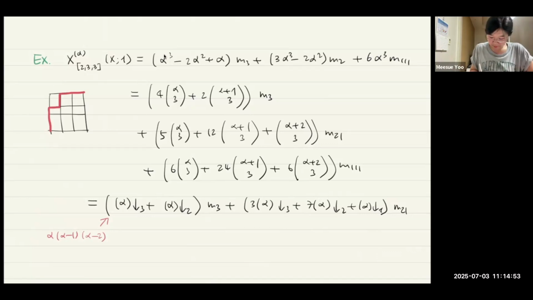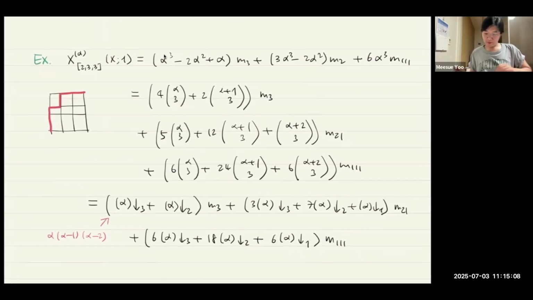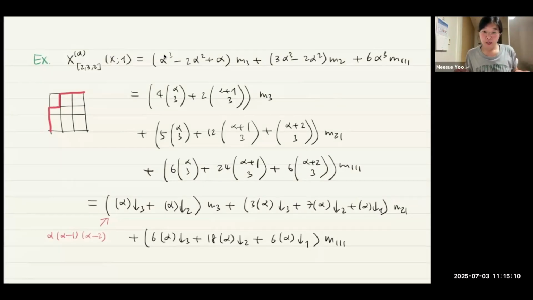And then 6. I just want to show you the positivity in terms of these binomial coefficients.